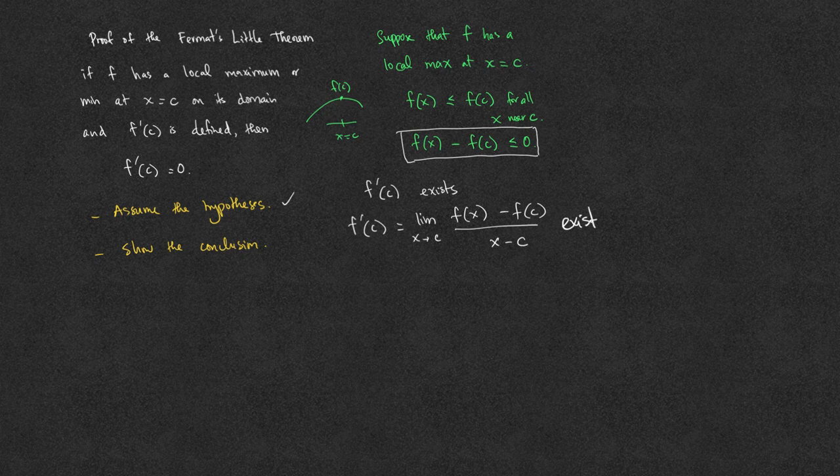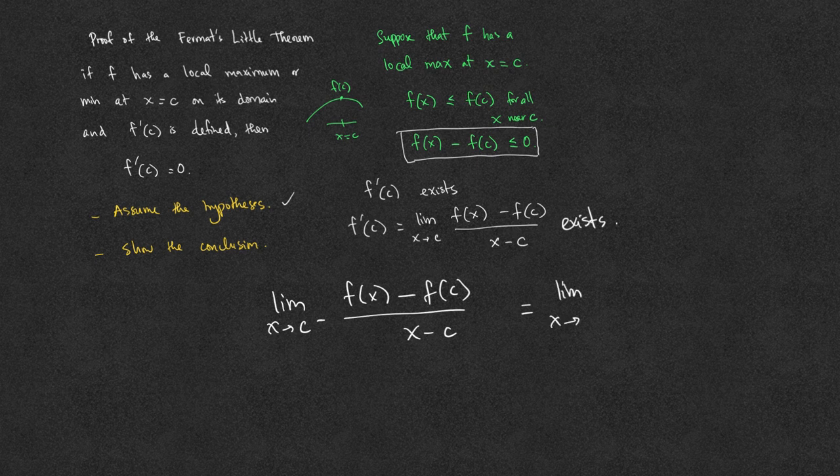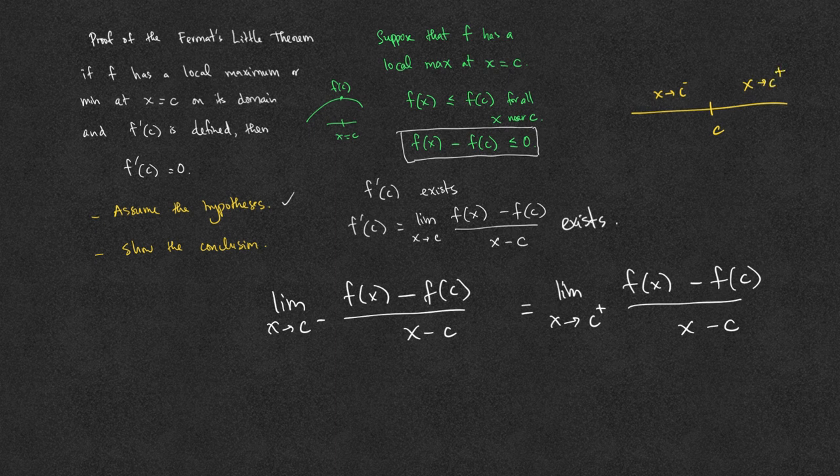And since this limit exists, the limit as x goes to c from the left-hand side of f of x minus f of c over x minus c needs to be the same as the limit as x goes to c from the right-hand side of f of x minus f of c over x minus c. As of now, we are approaching c from the left-hand side and from the right-hand side.